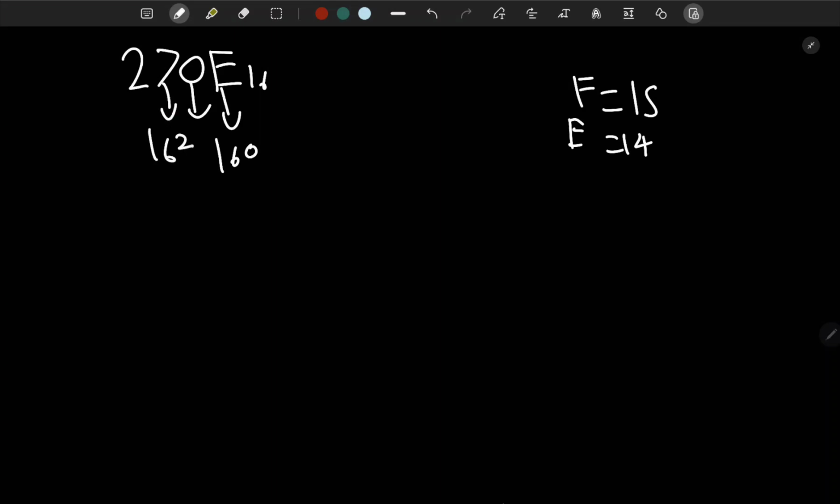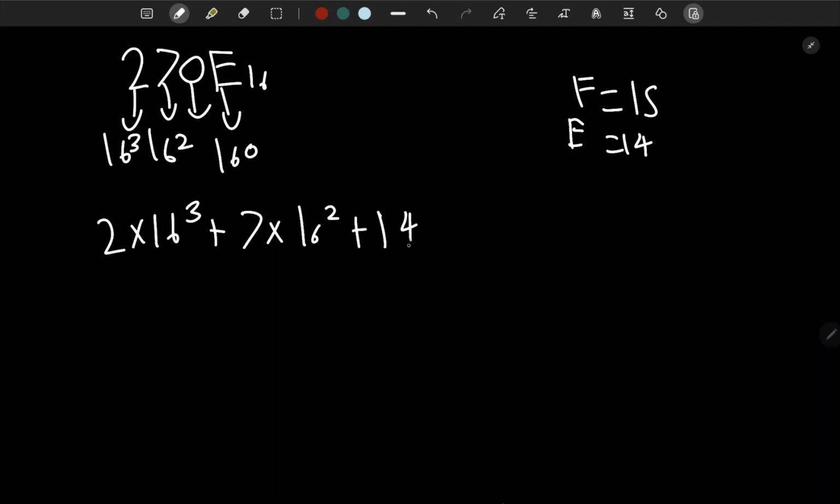This is going to be 16 to the power of 2 and 16 to the power of 3. Now write it down. So 2 times 16 to the power of 3 plus 7 times 16 squared plus E, which is 14, and you would get the answer of 9999, or my bad, it's going to be 9998.